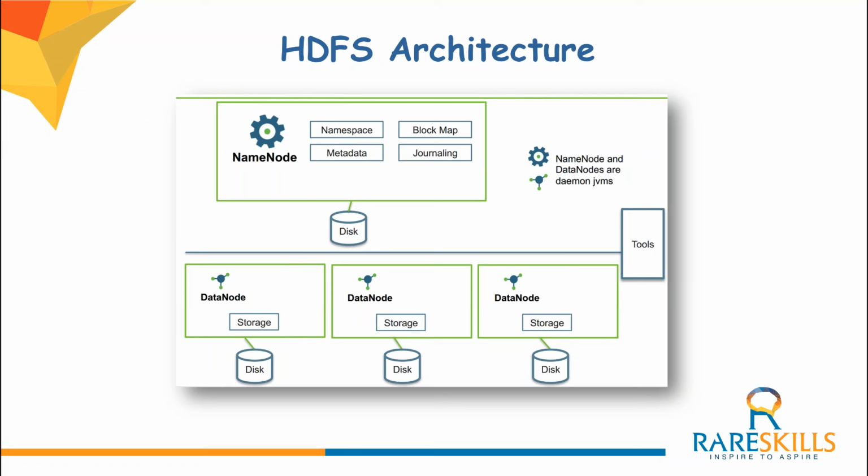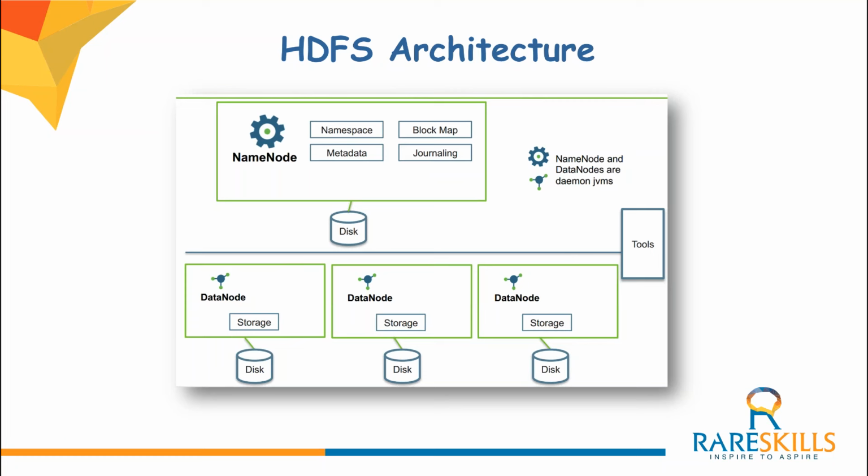So HDFS is good for storing large files, like terabytes or petabytes of data, 100 megabytes or more per file, or millions of files rather than billions of files. And there's no need for supercomputers. In fact, use less reliable commodity hardware.